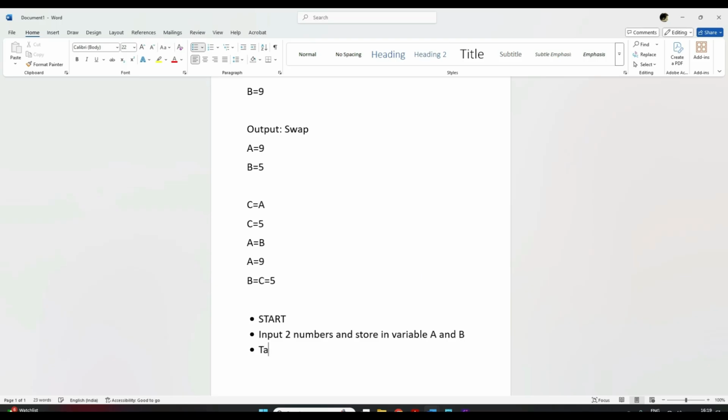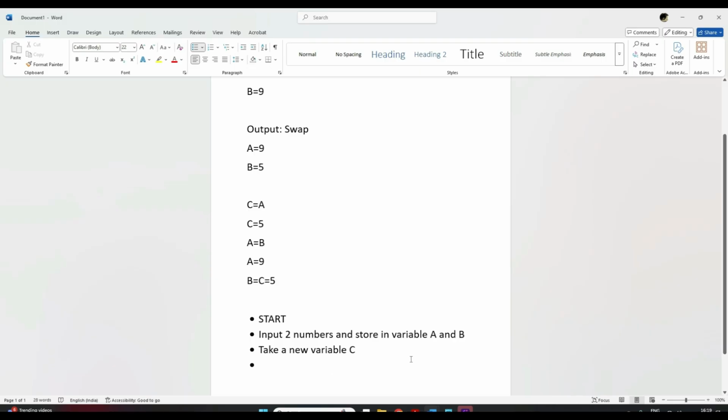Now take a new variable C. Now what will be my fourth? I have taken that variable. Now I have to just store the value of A in C, and then I will make A as B, and then finally B as C. That means B will become A, right?